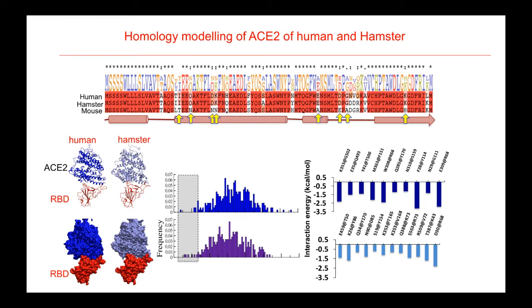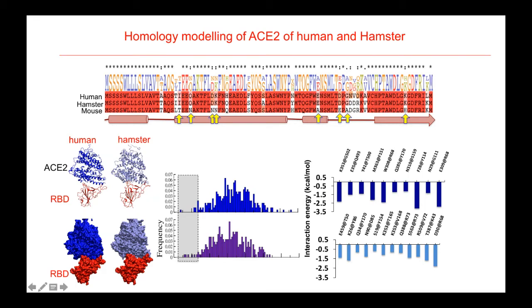So we first modeled that structure, then did the homology modeling and identified the structure of hamster ACE2 with the RBD, and they bind very similarly, both human ACE2 and hamster ACE2, with the RBD.